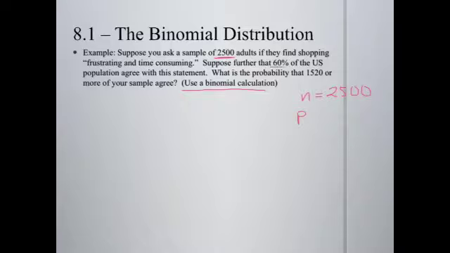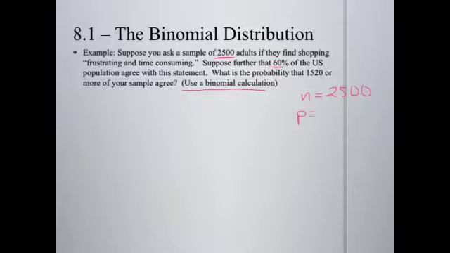P, they told us, was 0.6 or 60%. For here, I'm trying to find when x is 1,520 or more, so greater than or equal to 1,520.